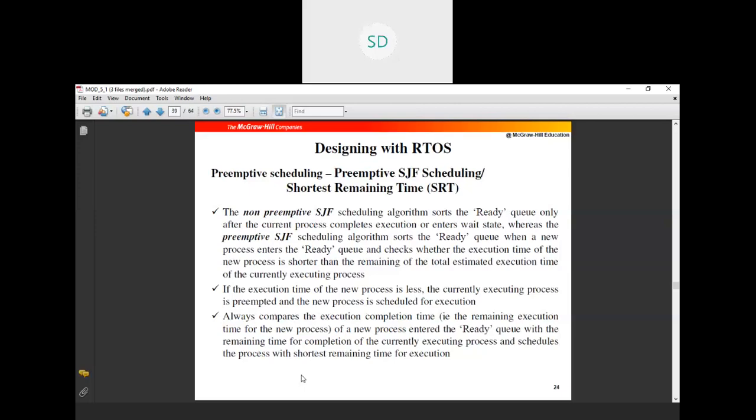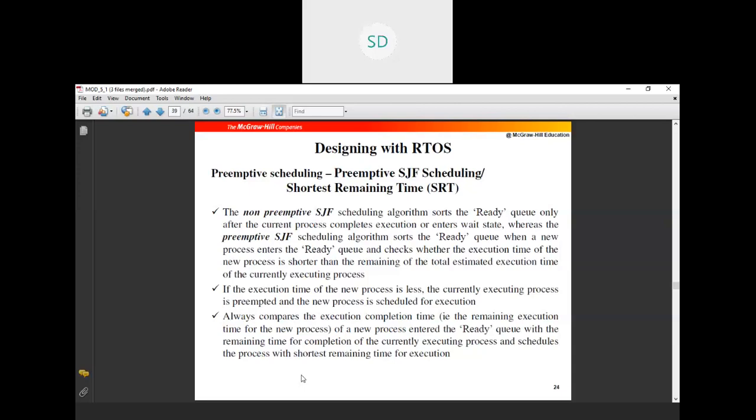Here, in this particular shortest job first algorithm, in the ready queue, the scheduler will check which process has got the shortest time for execution. That process will be picked and then it will be executed.